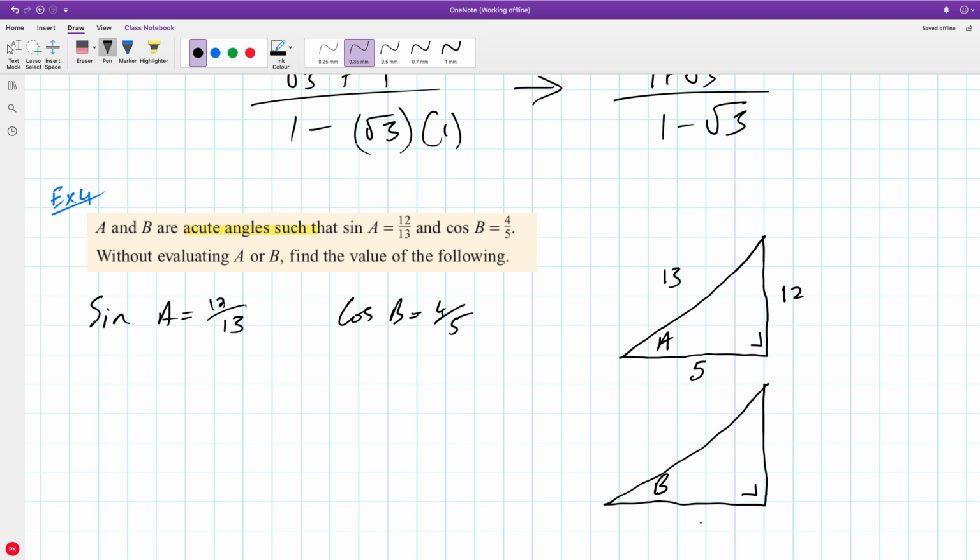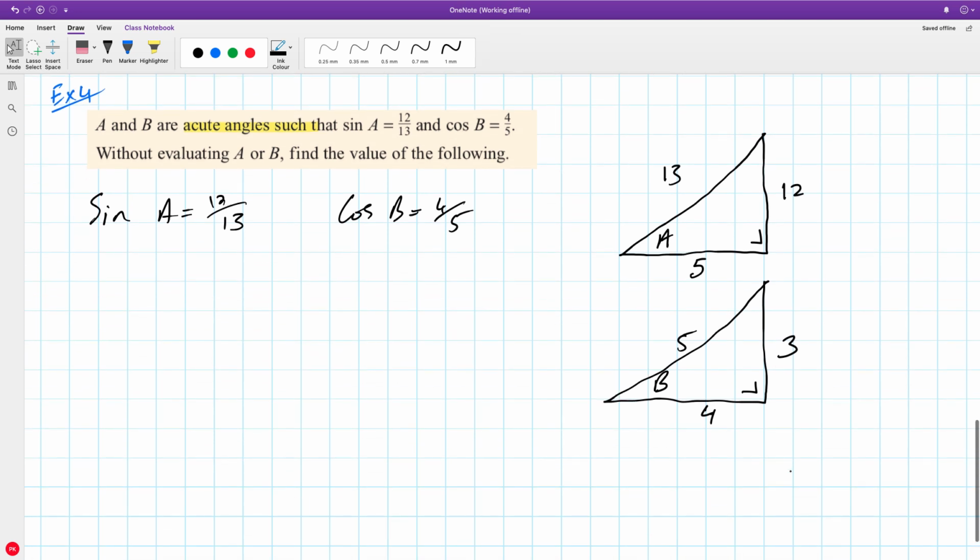Right, this is B. What's the formula for cos? Adjacent over hypotenuse. And you know what the Pythagorean triple is for 5, 4 and 3, exactly. You know what I mean when I'm saying Pythagorean triple, yeah? As in they're the 3 numbers that give you Pythagoras' theorem. Right, exact numbers. There's a few of them you should be able to recognise off the bat. There are 2 common ones that come up: 13, 12 and 5, and 5, 4 and 3.